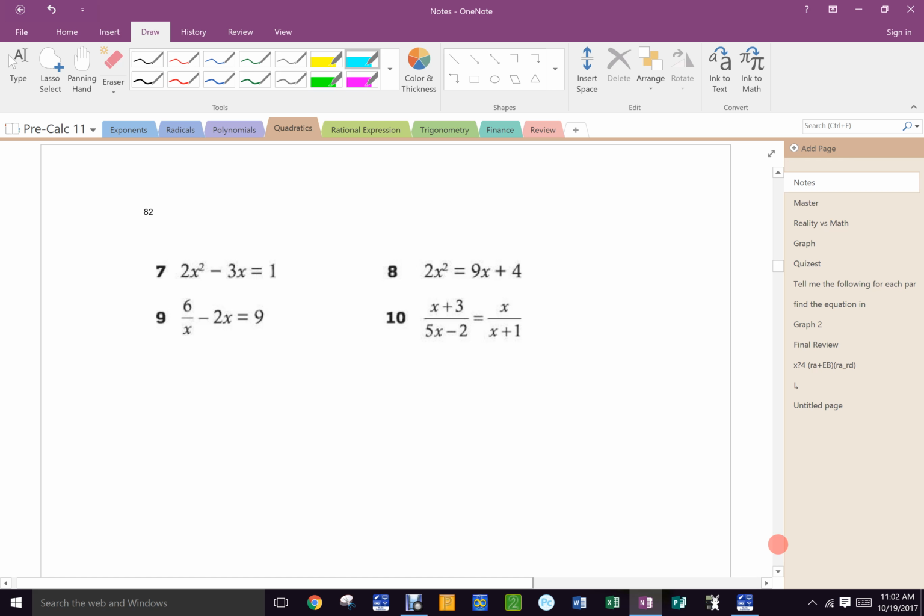No, it's not adding. It's fraction equals fraction. Yes. So you get x squared plus 4x plus 3 equals 5x squared minus 2x. Then you just collect your like terms and continue.